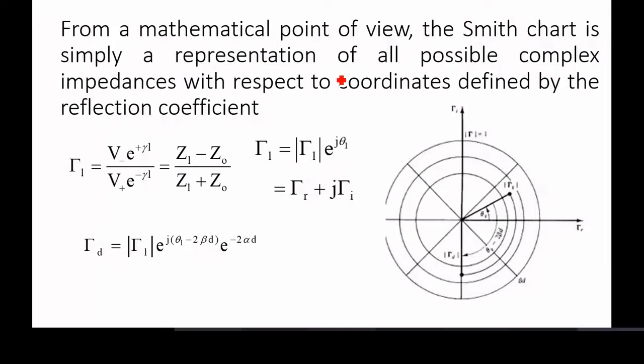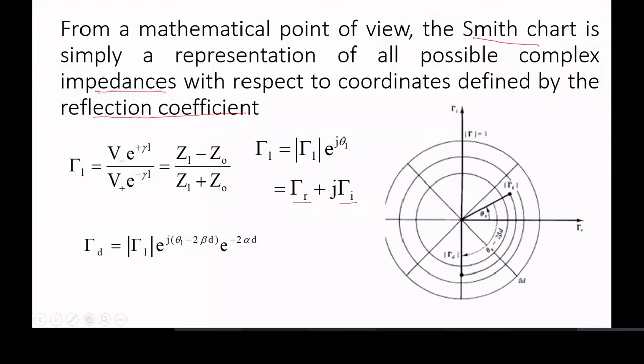From a mathematical point of view, the Smith chart is nothing but a simple representation of all complex impedances with respect to the coordinates defined by the reflection coefficient. As we have said, the reflection coefficient, as it is a complex quantity, we can write as real part plus j imaginary part.